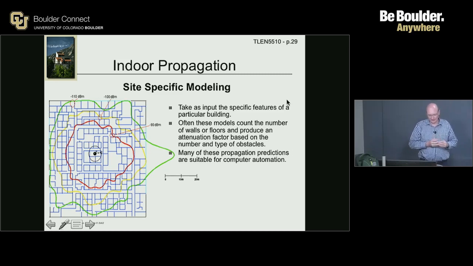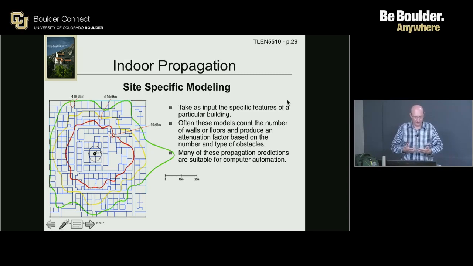Practically though, when you try to cover Wi-Fi over a suite of offices, etc., you do a site-specific model and you put every cubicle, every office, every window, you run it through the software and you see what happens. You do that because it's not like collecting terrain data over a wide area. It's something that you know and you have access to, and so very often those are site-specific.